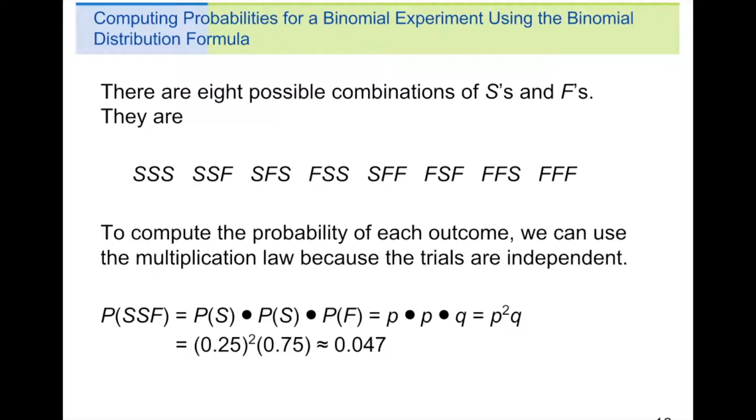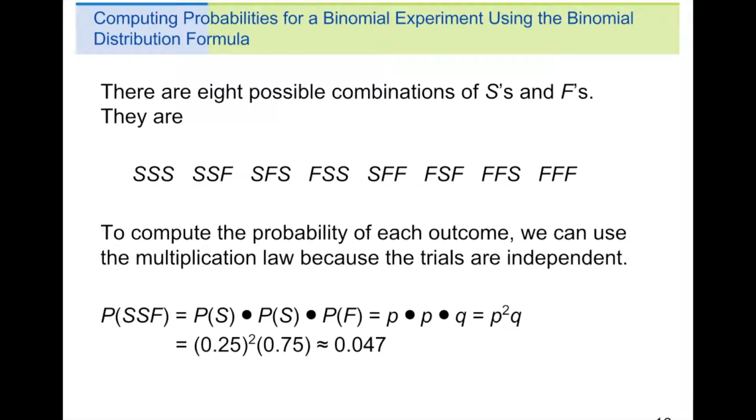To compute the probability of each outcome, we can use the multiplication law because the trials are independent. So the probability of SSF, success, success, and then failure, would be multiplying those 3 things together. Probability of a success, probability of a success, probability of a failure.